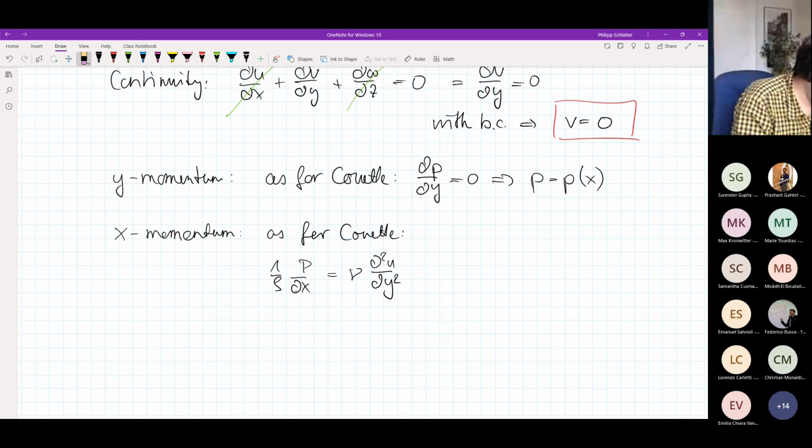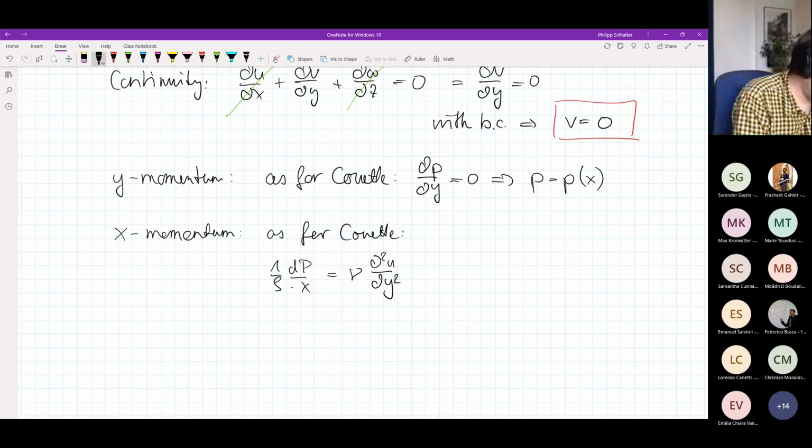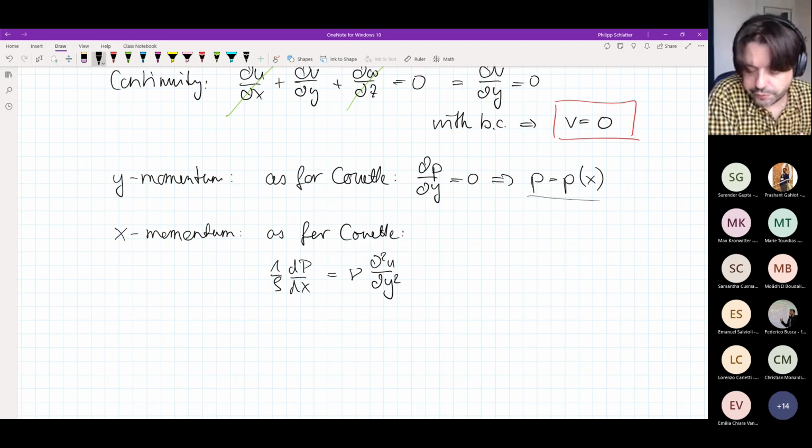Actually, I can also change these derivative signs here to be ordinary derivatives. These are not partial derivatives anymore because I know that the pressure is only a function of x and not of y anymore. So there's no partial derivative there anymore.